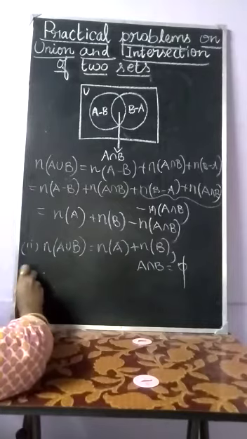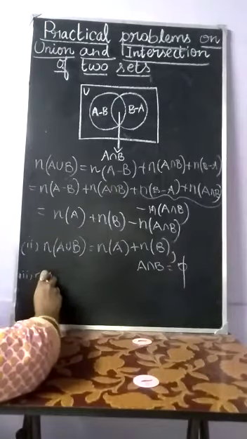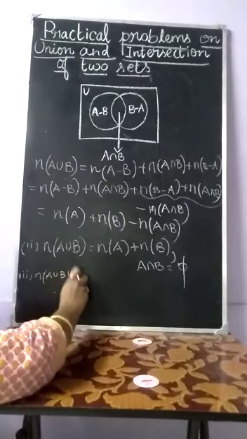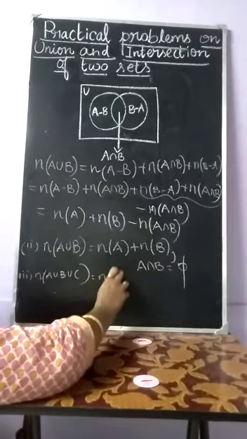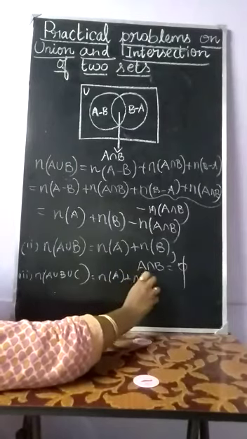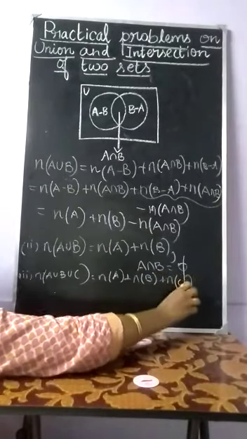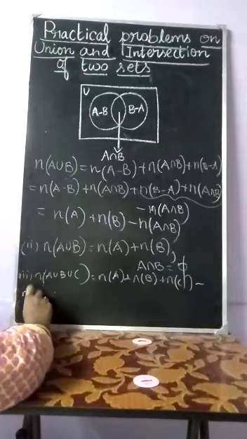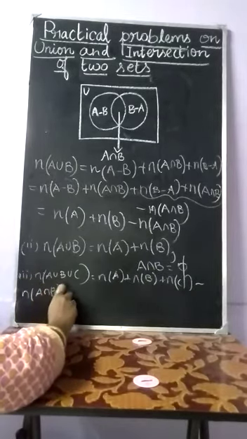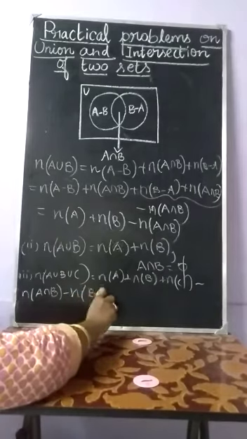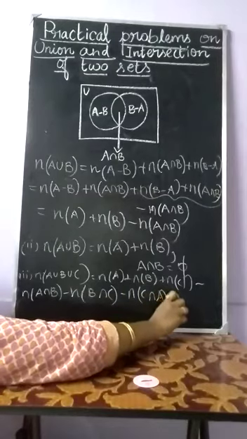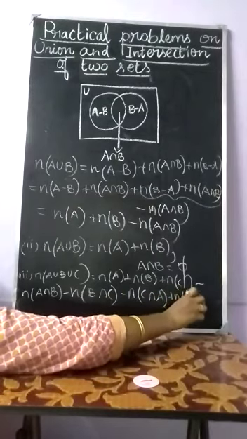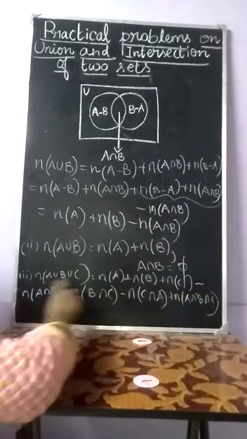Okay. Next, third one, n of A union B union C. Suppose A, B and C are finite sets. Then n of A union B union C is equal to n of A plus n of B plus n of C minus n of A intersection B minus n of B intersection C minus n of C intersection A plus n of A intersection B intersection C. This is very important.